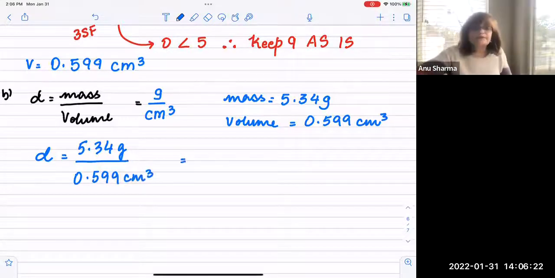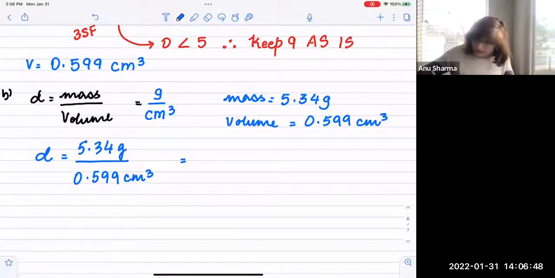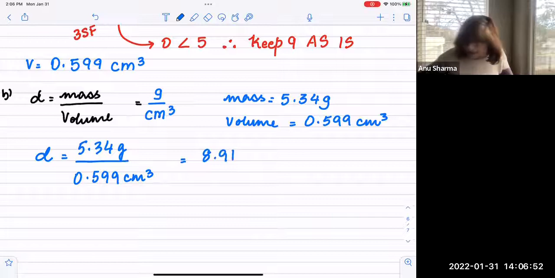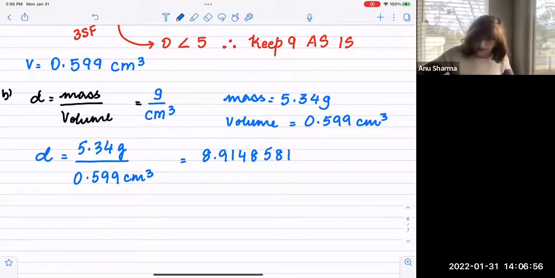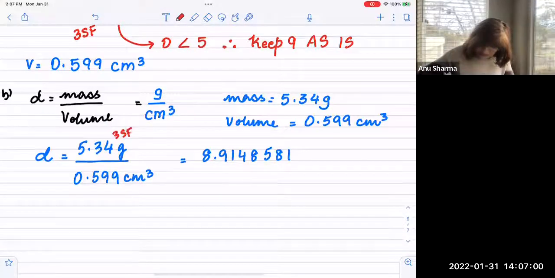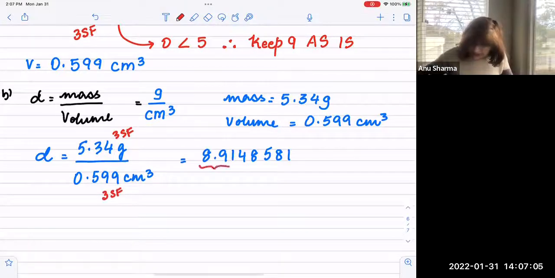So what do you get? Okay, from the calculator, we have 8.914851. This is 3 significant figures, this is 3 significant figures, and the answer should be 3 significant figures.